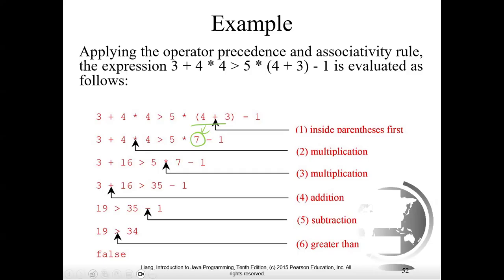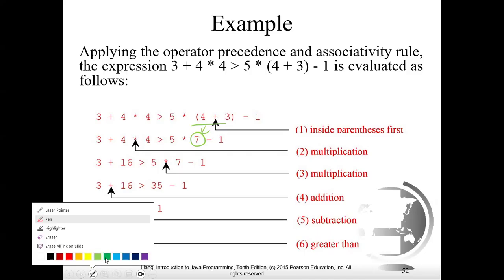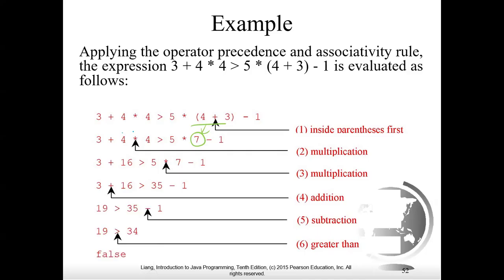So here, let me change the color. We have 4 multiplied by 4, right? And we got 16 here. After that, we calculate the second multiplication, which is here, and then we got 35.